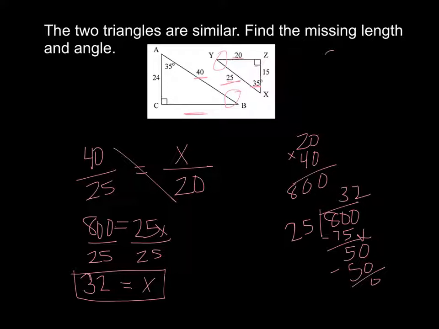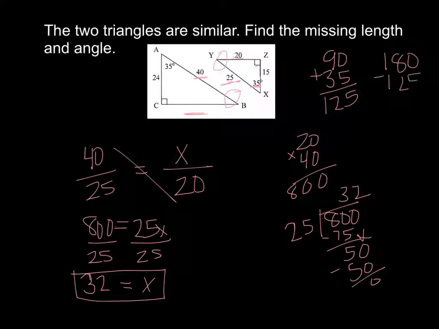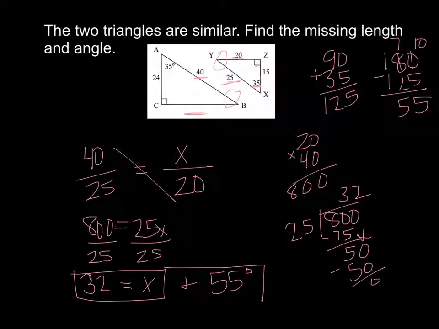So all I have to do is say my 90 degree angle plus my 35 degree angle, and I would get 125, and then I'd take 180 minus that 125, and I would get 55. So our missing angle is 55 degrees. So missing side length is 32, missing angle is 55.